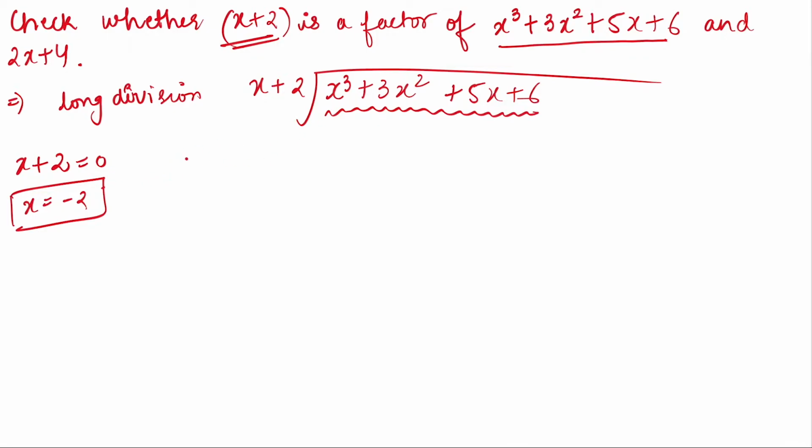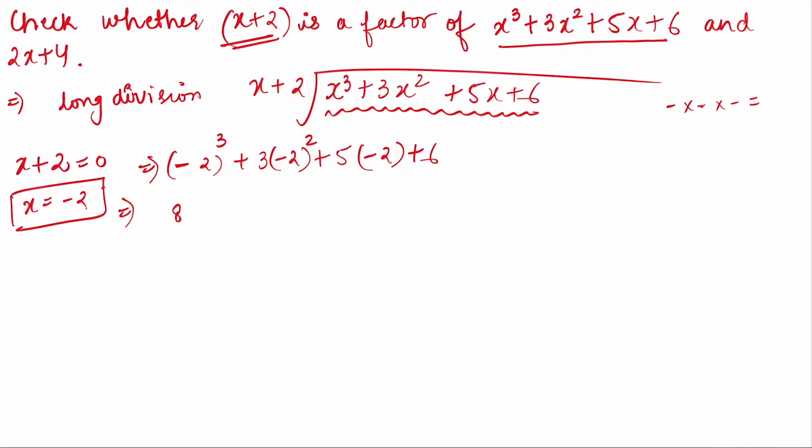Now, putting in this, we get minus 2 cube plus 3 into minus 2 square plus 5 into minus 2 plus 6. Open it. 2 cube will give us 8 and minus cube gives us minus into minus into minus, that will be minus minus plus plus minus minus. So sign here will be of minus. Here also plus 3 into 2 square will give us 4 and minus square, minus into minus will give us plus.